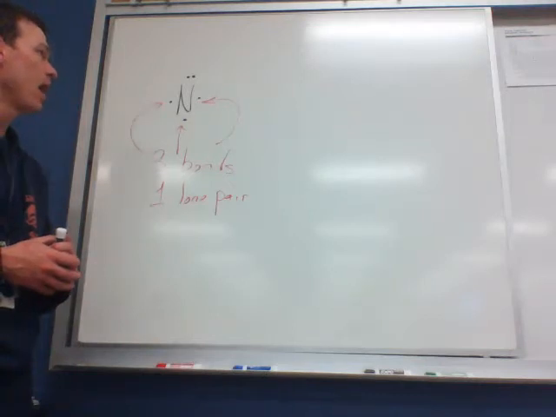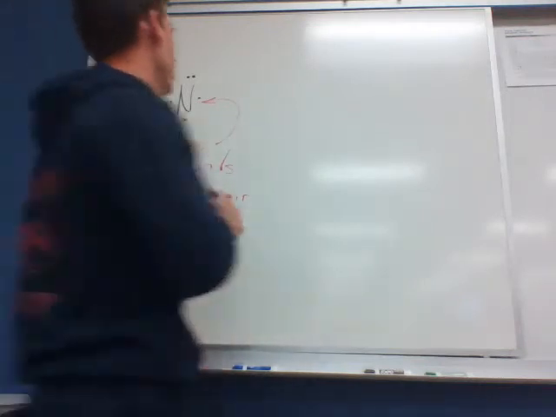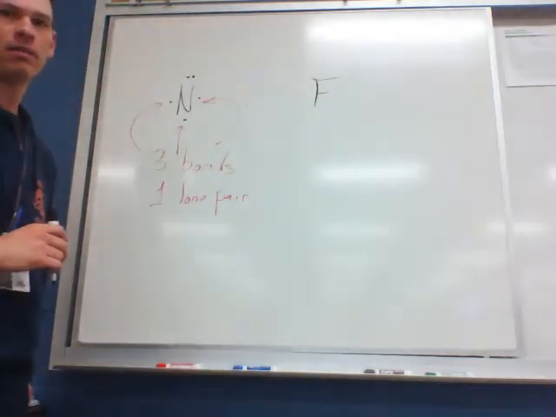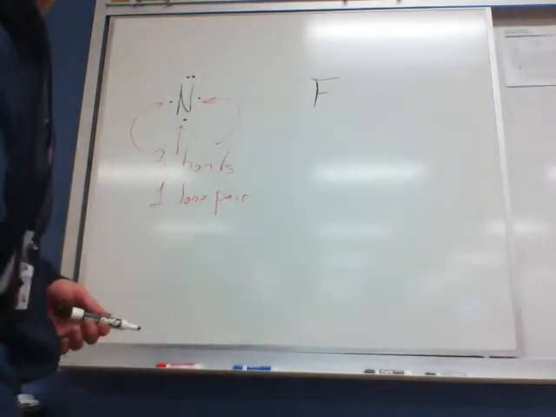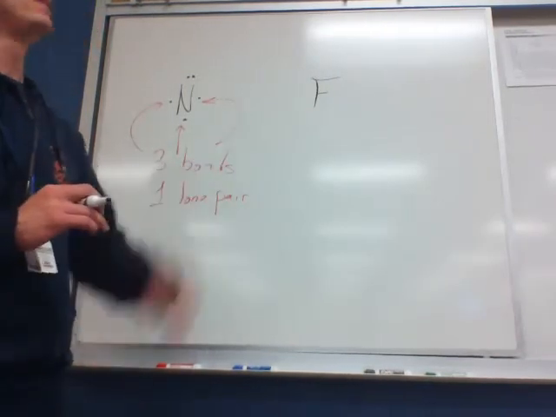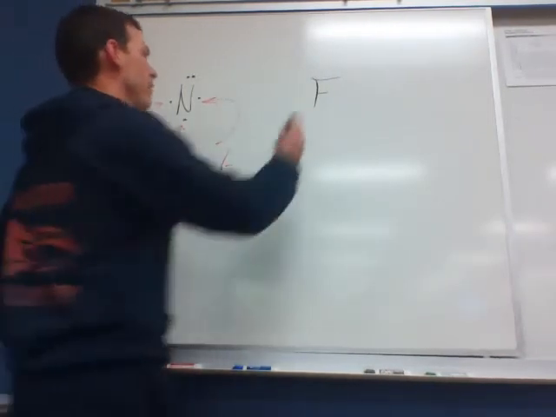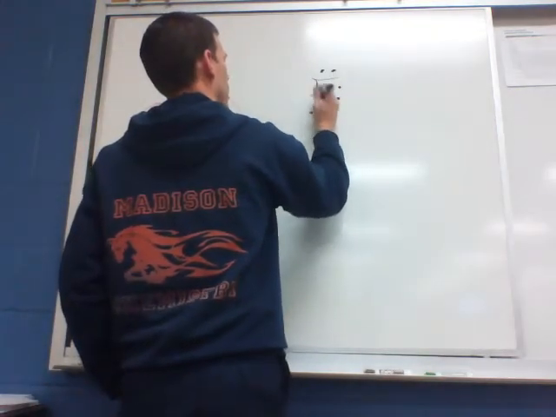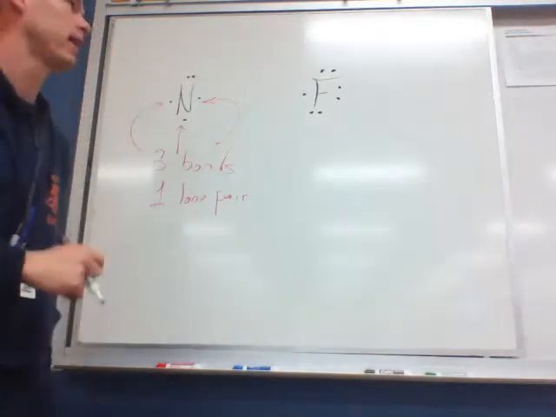All right? I want to do another one. Let's take a look at fluorine to make sure that you understand what's happening here. How many dots does fluorine get? 7 from group 17. Perfect. So you put 1 on each side before doubling up, and he'd end up looking something like that.